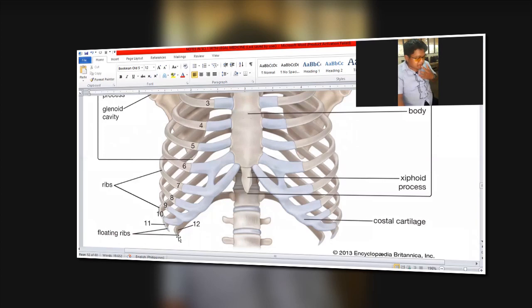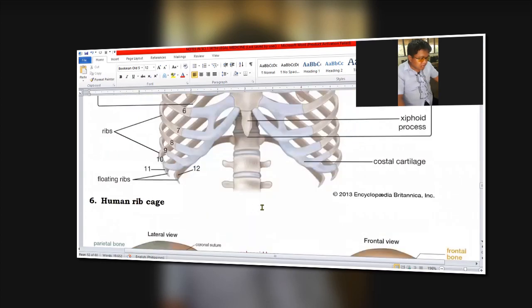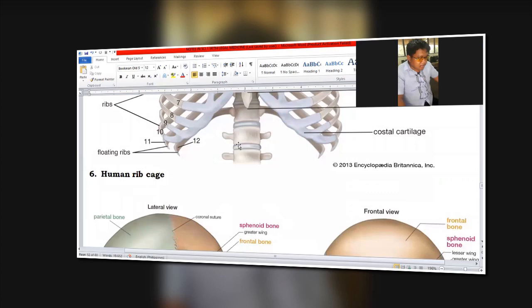Those are the floating ribs. These are called ribs, 7, 8, 9, 10. It is a human rib cage.